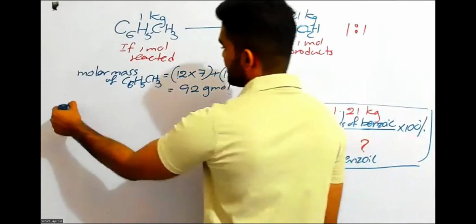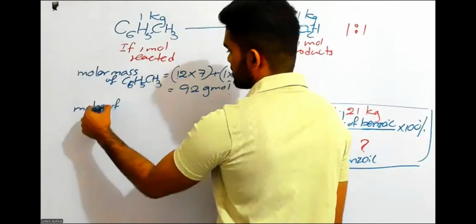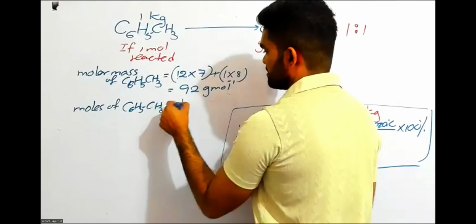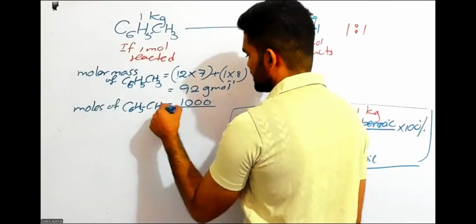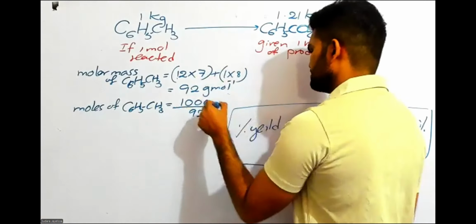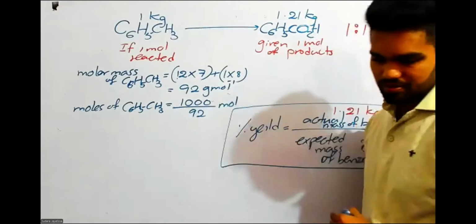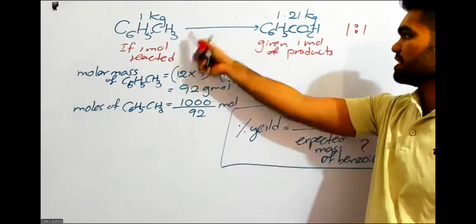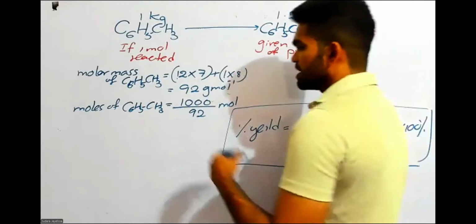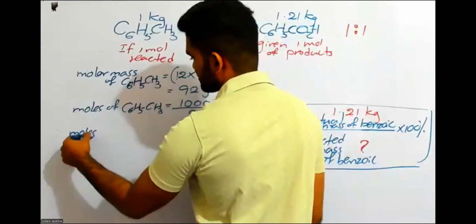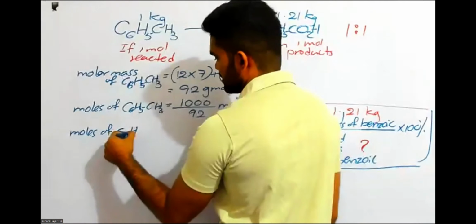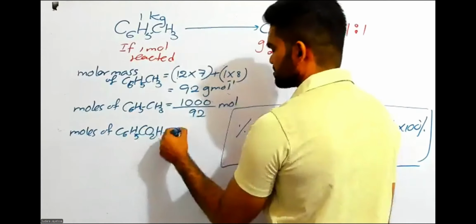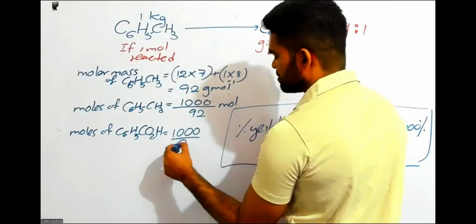Now find the moles of C6H5CH3: 1000 over 92. Don't simplify, this is the number of moles. Since 1 mole of this gives 1 mole of benzoic acid, the moles of benzoic acid C6H5CO2H will be the same. That's why the 1:1 is given.